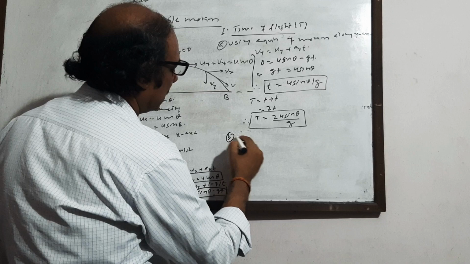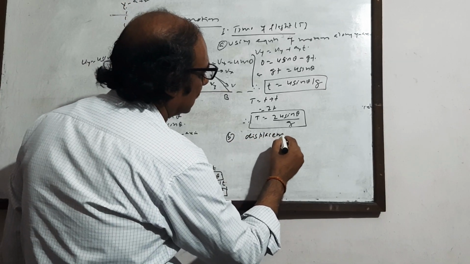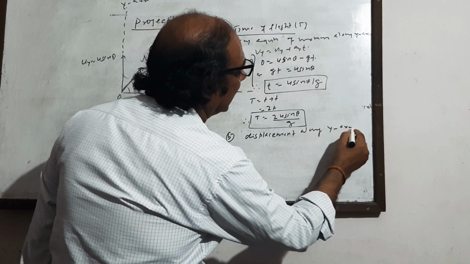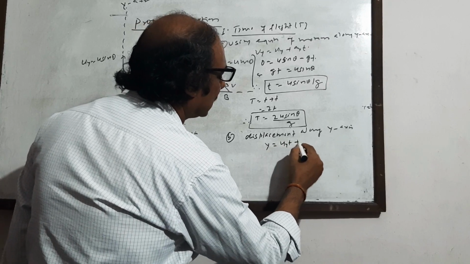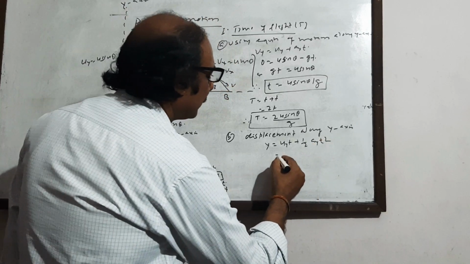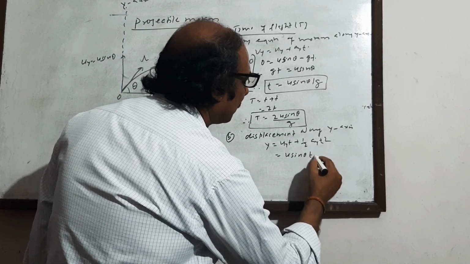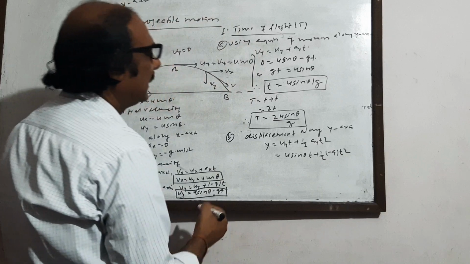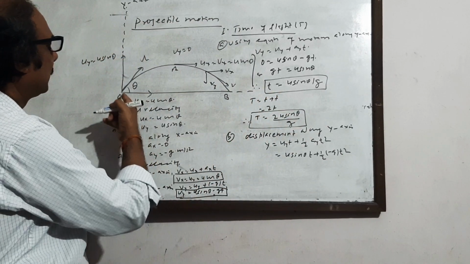The displacement along the y axis of the projectile is represented by Uy t plus half ay t square, and Uy means U sin theta t, plus half minus g into t square.